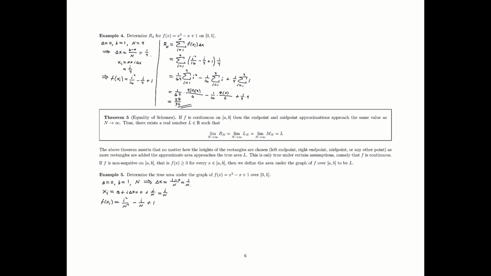So now, our R sub n is the sum from i equals 1 to n of this whole expression times delta x, which is 1/n.